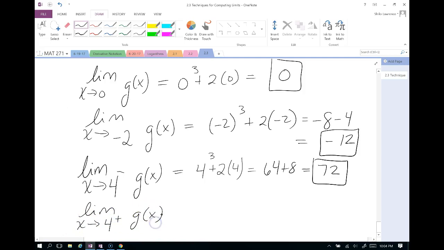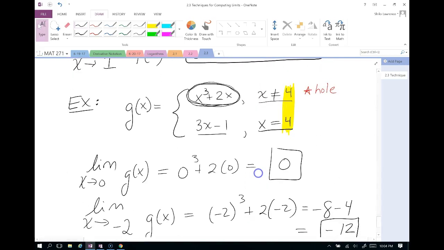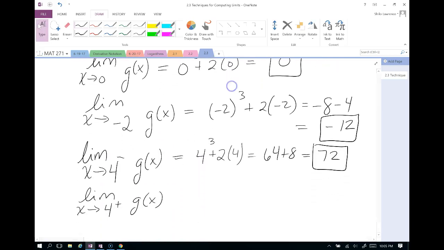Because as we approach from the right, as long as we're not actually on x equals 4, we're following this function. So whether we're coming from the left or from the right, we're following x cubed plus 2x. So from the left and from the right, it looks like we're approaching 72.